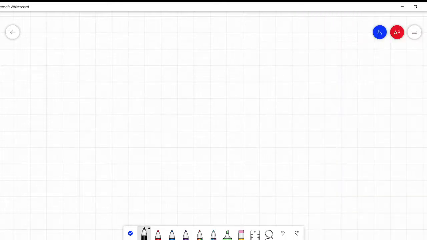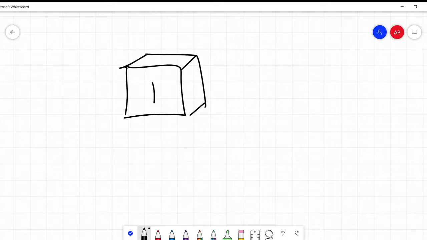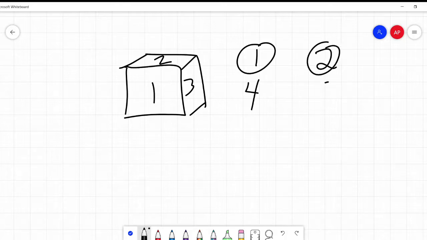Same with rolling a die. If I have a die, and we're just going to write numbers on it because, you know, I'm not great at that. All right, so I have a die and I roll it. What are the odds that the first time I roll it, I get a 4, and the second time I roll it, I get a 5?